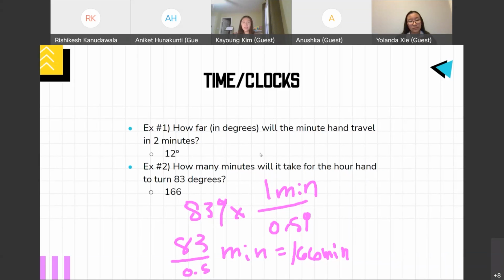Yeah, so that's a little wrong because remember, in order to do this, we need to make the units cancel out. But let's say I multiplied it like this instead. 83 degrees times 0.5 degrees per 1 minute.